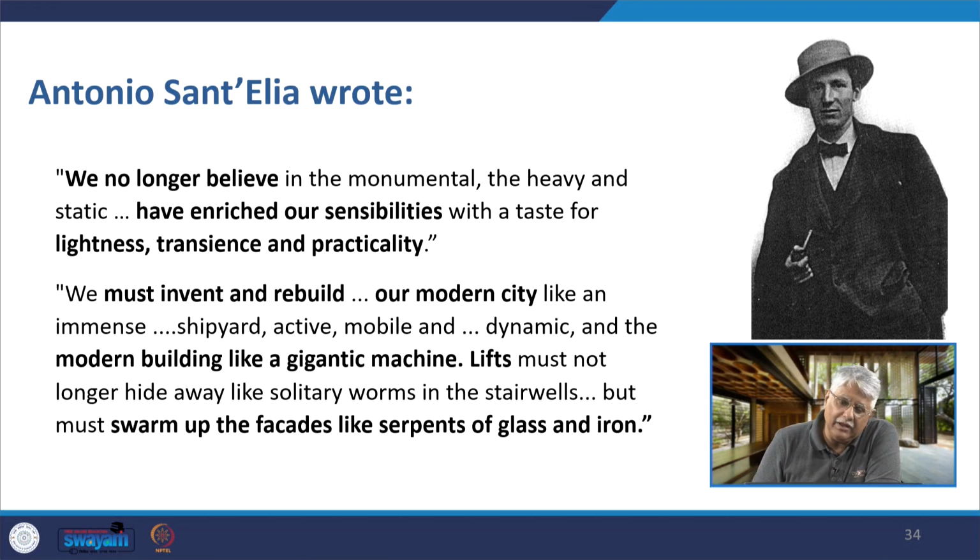We no longer believe in the monumental, the heavy, the static. We have enriched our sensibilities with a taste for lightness, for transience and practicality. Sant'Elia says, we must invent and rebuild our modern city like an immense shipyard, active, mobile and dynamic, and the modern building like a giant machine. Lifts must no longer hide away like solitary worms in stairwells, but must swarm up the facades like serpents of glass and iron.